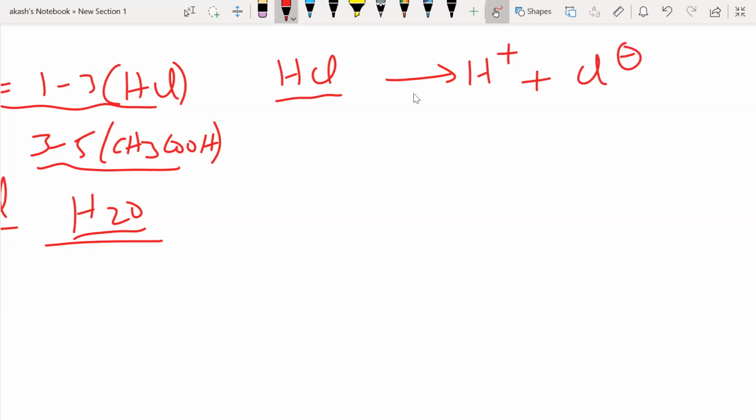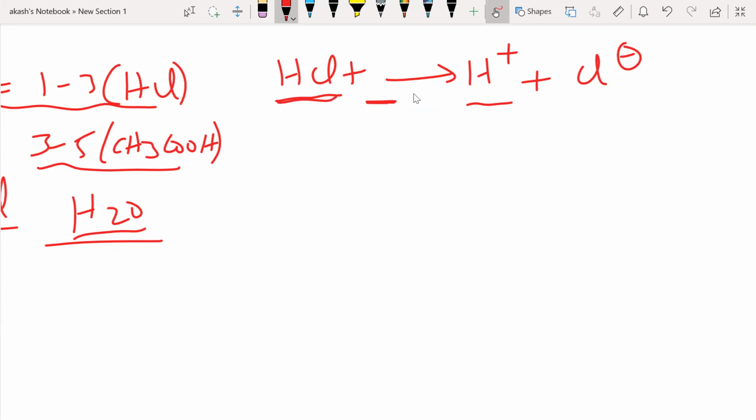Now why is it like this, if you ask me? HCl is an acid, I don't deny it, but for it to give me H plus, there should be something along with it to accept the H plus. As long as you do not have anything to accept the H plus, this HCl cannot donate H plus.